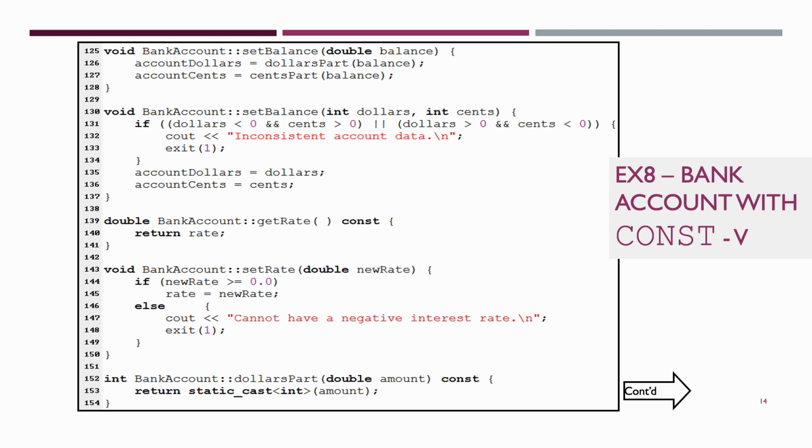This part is just elaborating on set balance, set rate, those functions. The first one sets the account balance by taking a double value representing the total balance. It then separates the balance into its dollar and cents components using the dollars part and cents part helper functions.